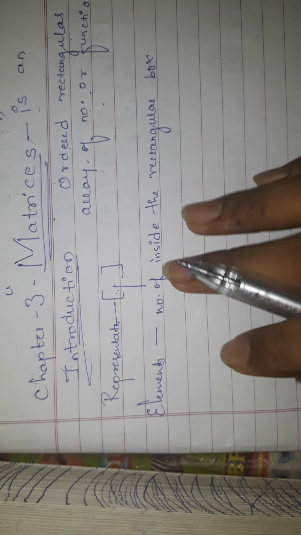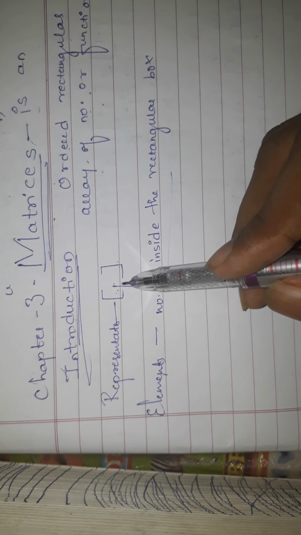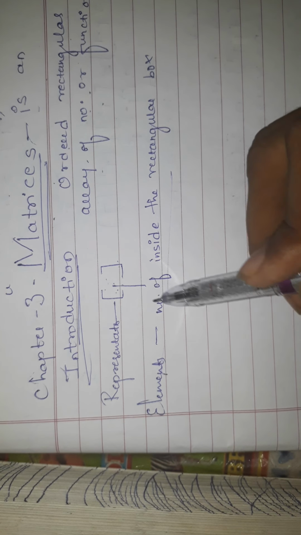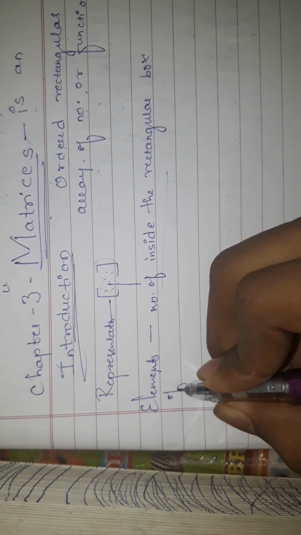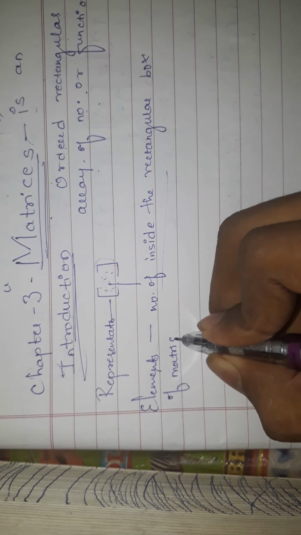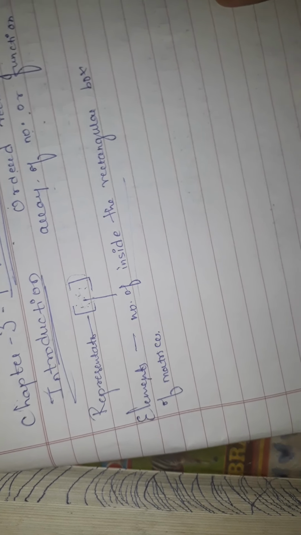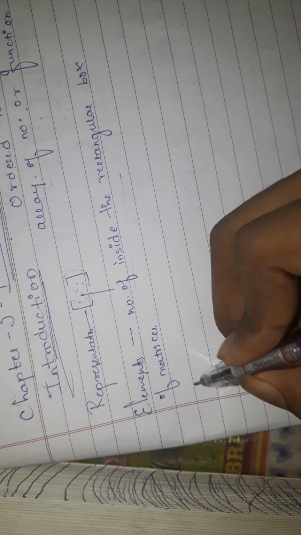This is just an understanding, not a definition, but you must understand it. Whatever numbers we write inside the rectangular box are the elements of the matrix. Okay, is it clear? Then we will learn about the order of matrices.